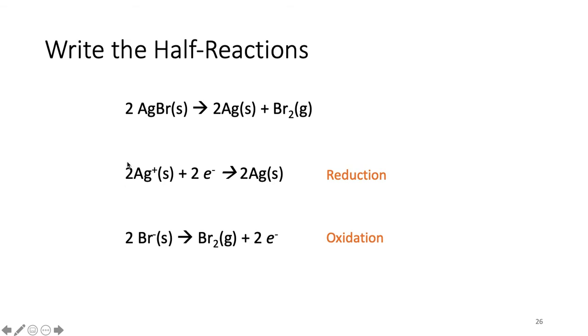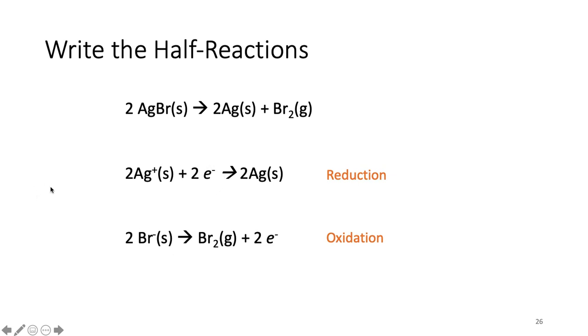And then if I add these two reactions together, anything that appears on opposite sides of these arrows can be canceled if they look exactly the same. And then what I have is a net total reaction. If I add these two together, what I can cancel are these 2 electrons over here with 2 electrons over here, because they appear exactly the same but on opposite sides of this arrow.